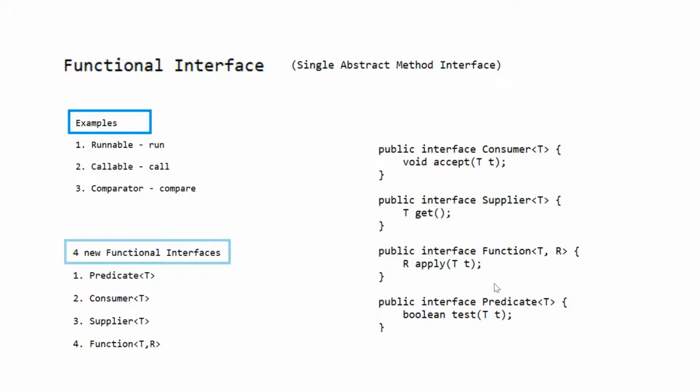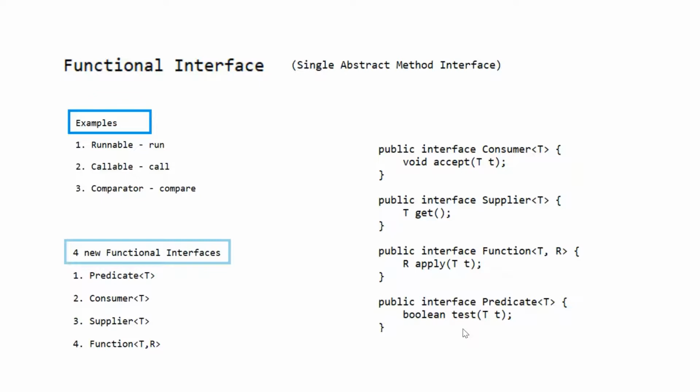It takes in arguments of type T and it returns values of type R. So it does some function and it returns R. And the last one is Predicate. It's like a test which takes in some argument. It just does a check and it returns a boolean value. Most of the functions which we write fall into one of these categories.